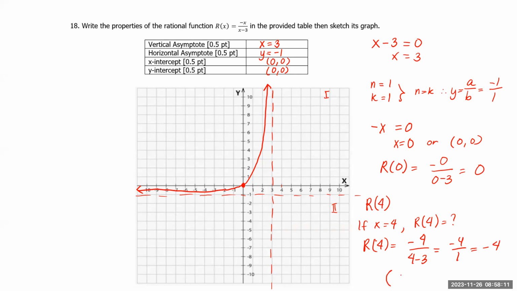So we have here the point (4, -4). This means that our graph is here. Okay? So we have no graph in this region. So the end behavior of the graph will look like this.